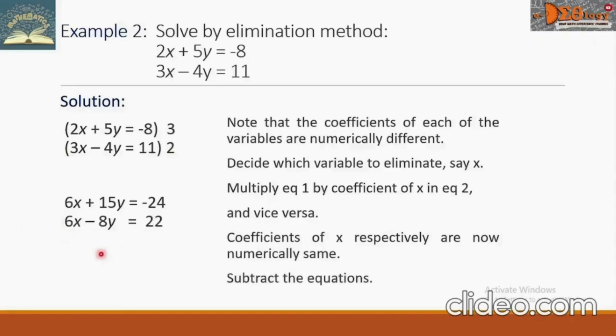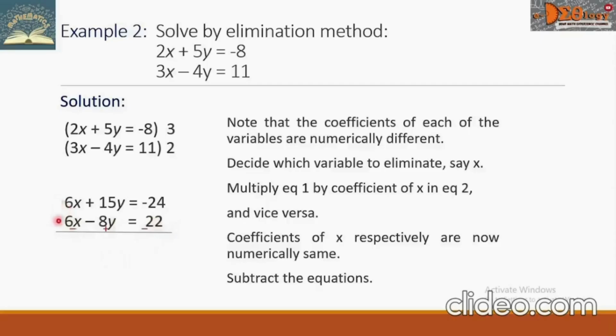Therefore, we will subtract the equations. Remember, when we subtract, we need to change the sign of the terms of the second equation. The 6x here becomes negative, negative 8y becomes positive, the positive 22 becomes negative. Then we proceed to addition.